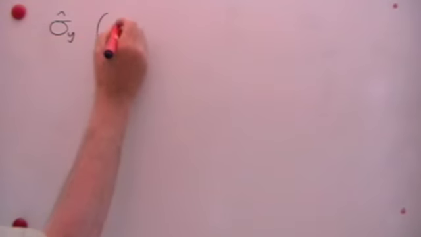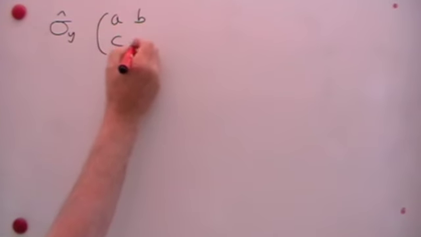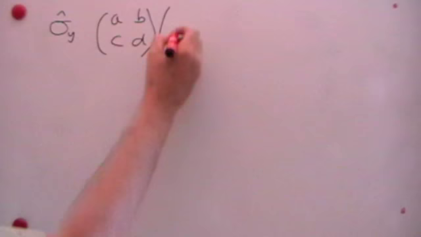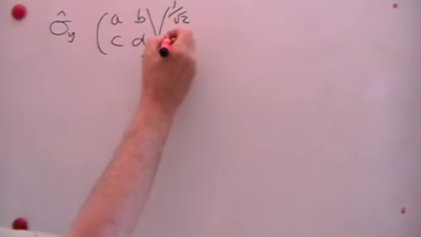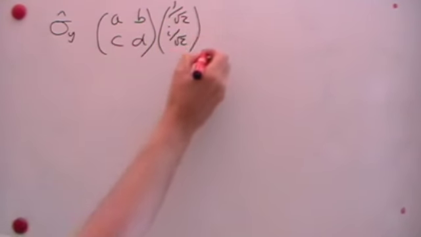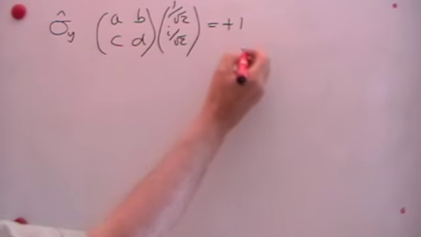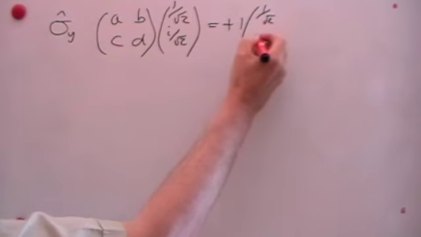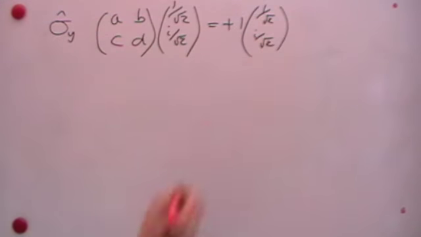And finally we'll look at the sigma y matrix in exactly the same way as before. We're going to call that A, B, C, D. And we know the eigenvectors for the sigma y. That's 1 over root 2 and i over root 2. And we're going to require that that equals eigenvalue plus 1 times the same eigenvector.